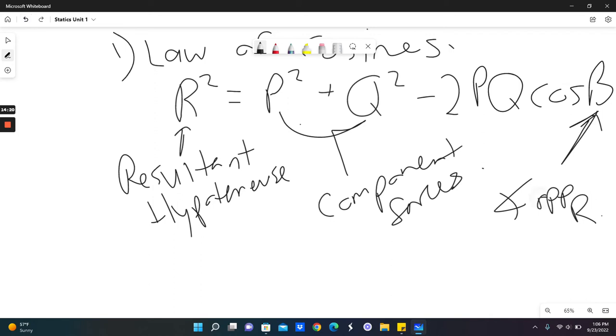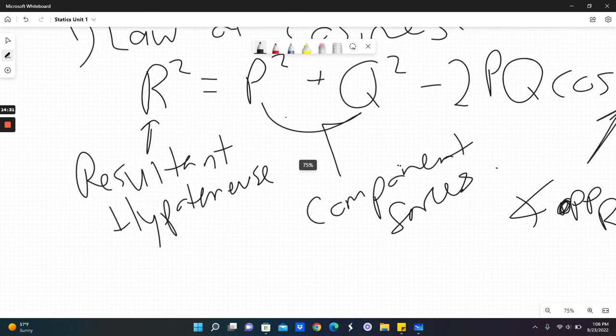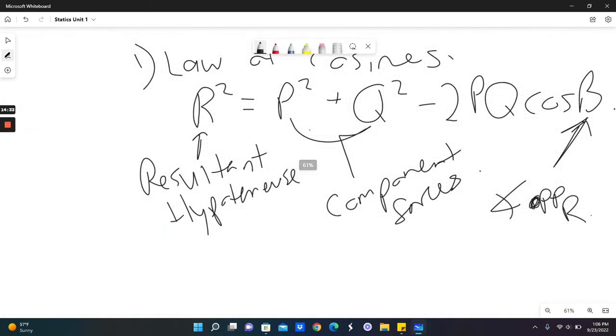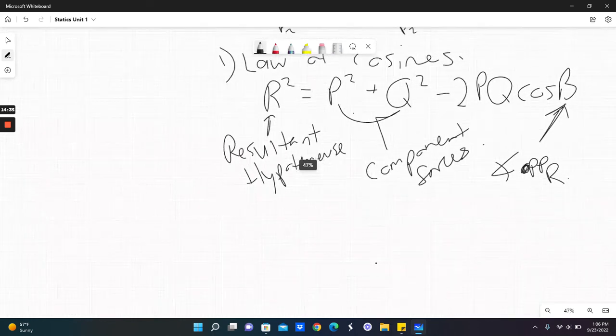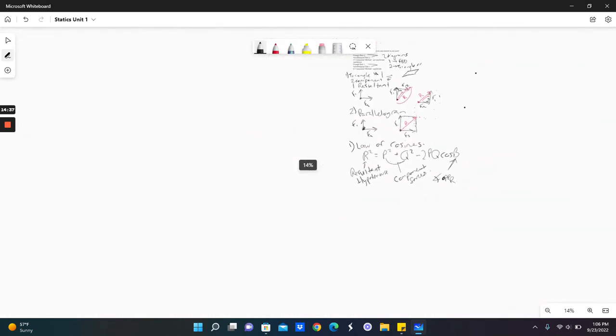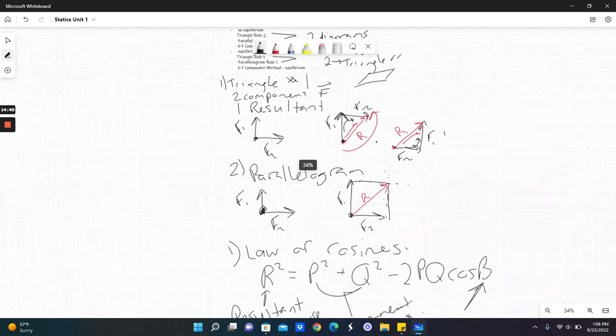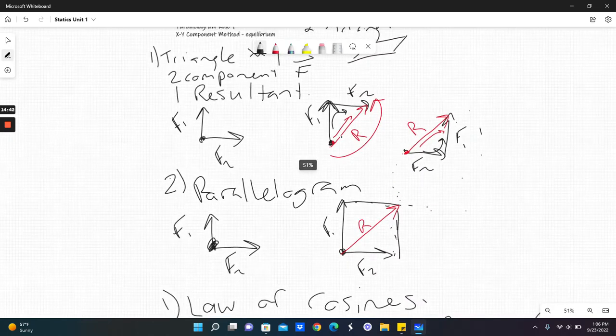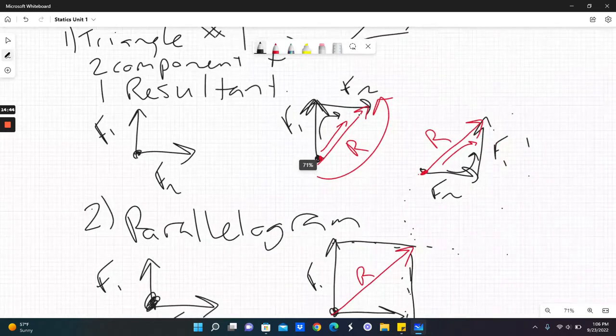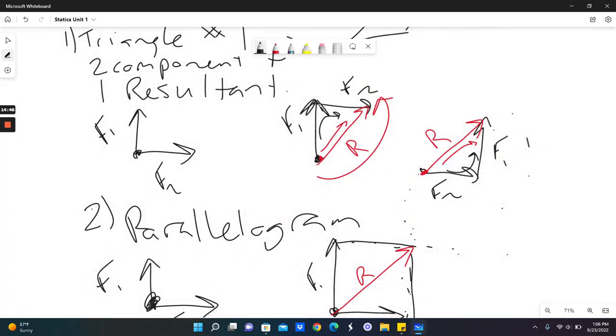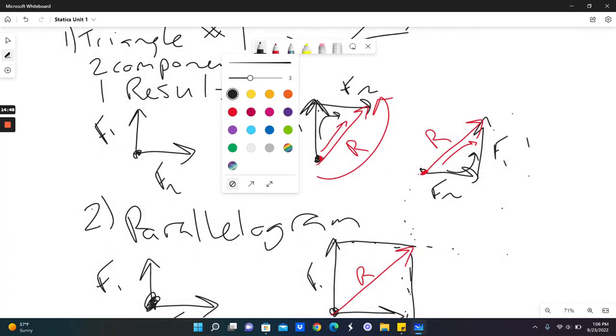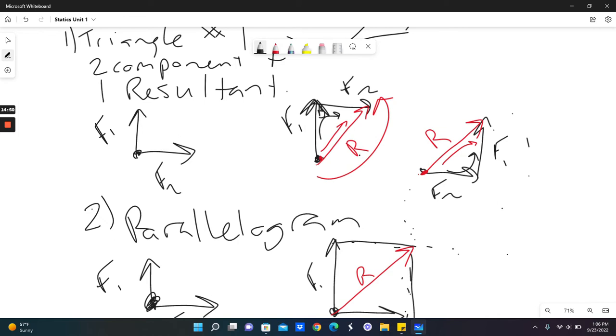So the angle that you're going to use in the cosine is going to be opposite of your R value. Let's take a look. If we scroll back up, how do I scroll back up? Okay, if we scroll back up and we take a look at this, in these cases, this would be beta.